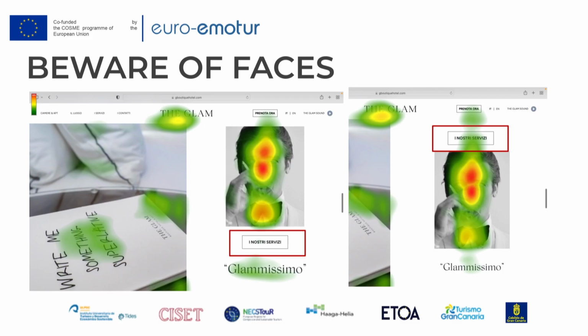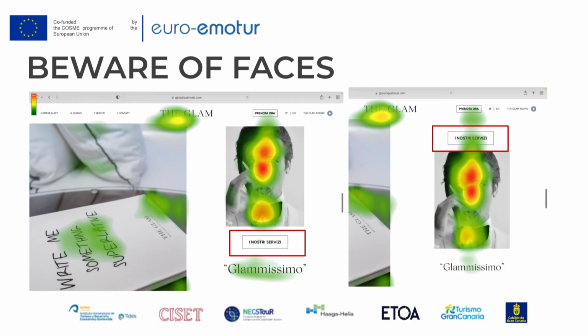So you have the picture of the person, and under it the call to action, our services. And you see from the heat map that the big focus red area goes on the face, of course, and in particular on the eyes of the person. And then where is the call to action? Under the picture, there's no attention at all.